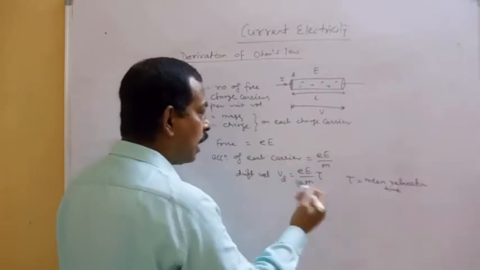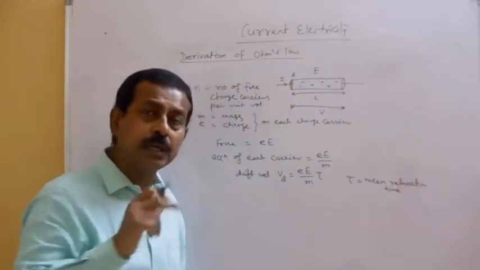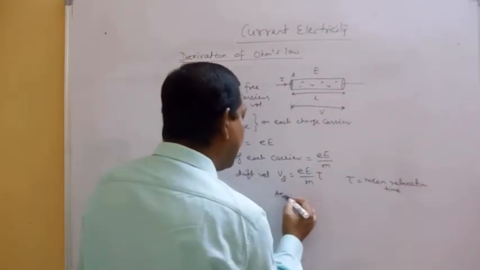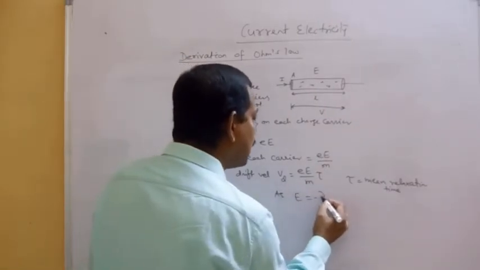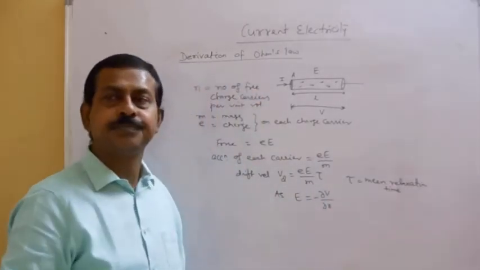So we can write again this electric field in terms of the potential difference, because you know that electric field is negative of potential gradient.